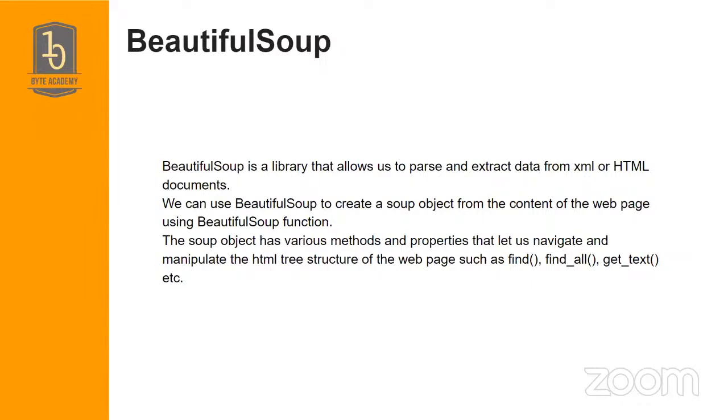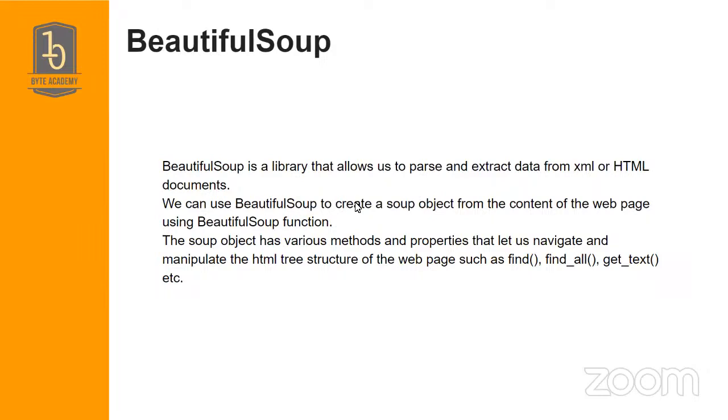So, we have performed the request. We got everything, the response object. We have the web page data in the response object. So how do we get the data from inside that HTML? For that, we have Beautiful Soup. This is a library that allows us to parse and extract data from HTML or XML documents.